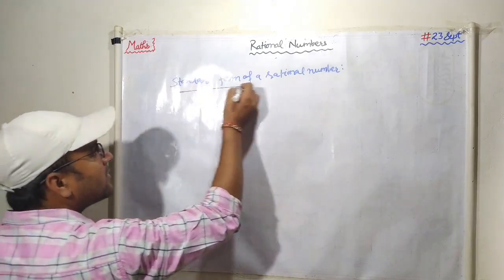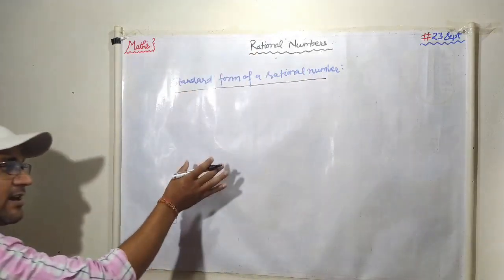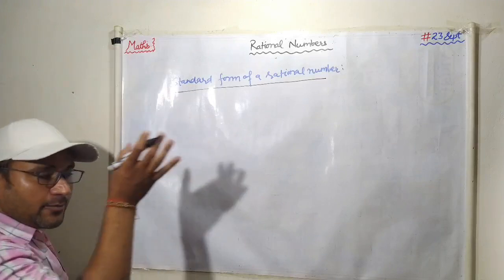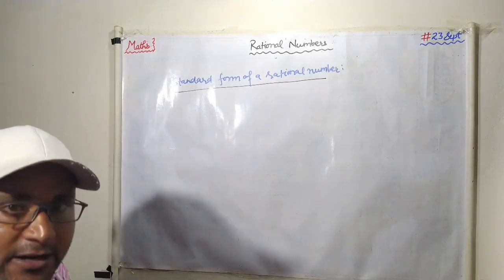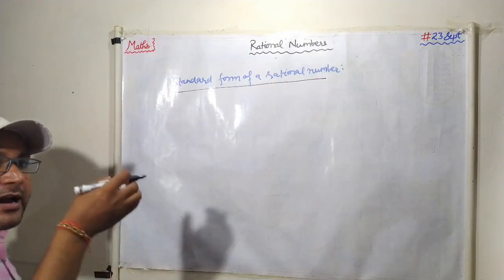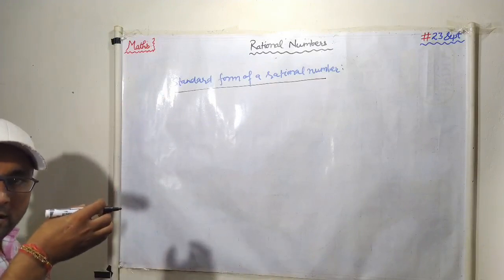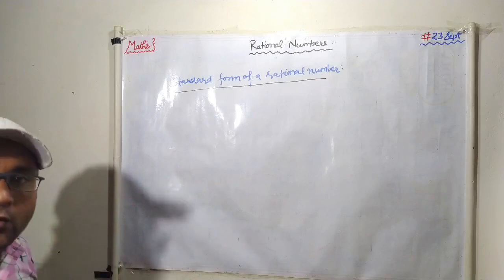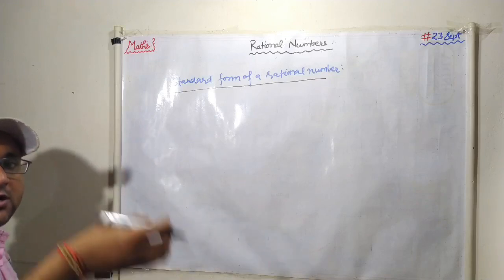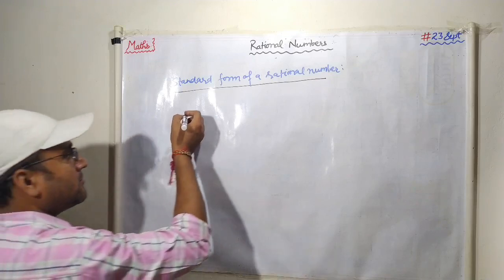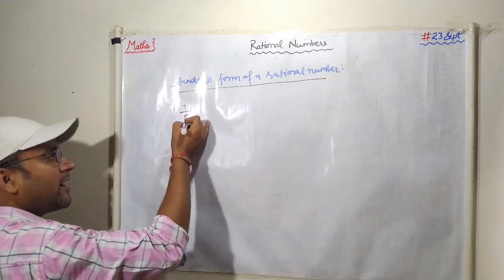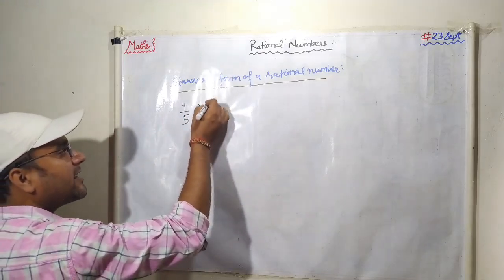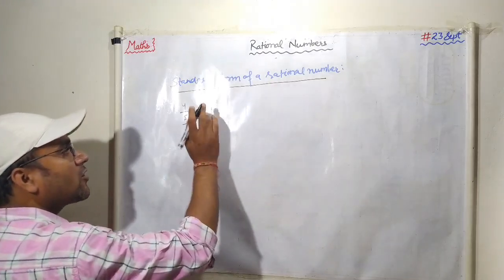Again, I am going to repeat this one. A rational number is said to be in standard form when its numerator and denominator both have no common factor except 1. Like 4 upon 5. 4 and 5 both have only 1 as a common factor.